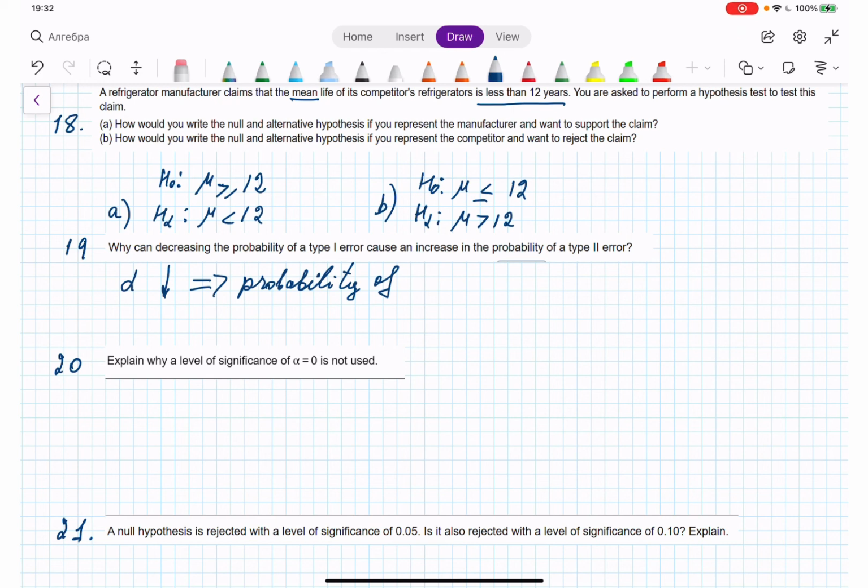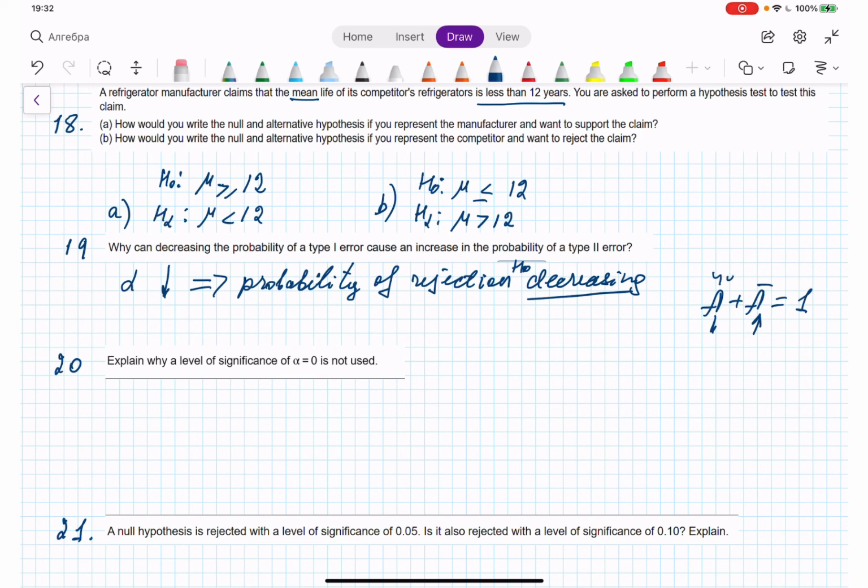The probability of rejecting the null hypothesis is decreasing. This increases the probability of the complement, right? Because event plus complement is going to be 100% or 1. So if this goes down, then this goes up.